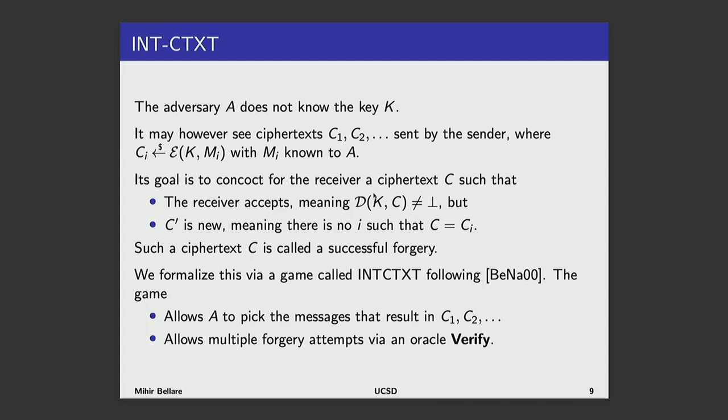Okay, so we're going to formalize this via a game, as usual, called integrity of ciphertext. And as usual, it'll strengthen the informal version a little bit. For example, our adversary not only sees ciphertext and even knows messages, but it may even pick the messages itself. And when it goes to the receiver, it can try multiple times.